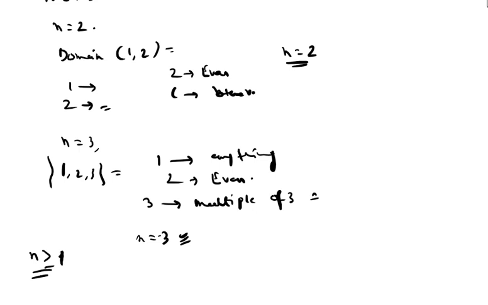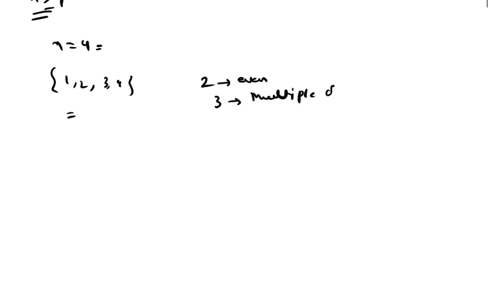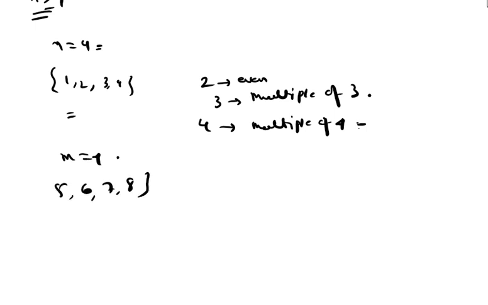Now let's check n is equal to 4. The domain is 1, 2, 3, 4. We must assign 2 an even number, 3 a multiple of 3, and 4 a multiple of 4. Now imagine m is chosen cleverly. Take m is equal to 4, then the interval is 5, 6, 7, 8.